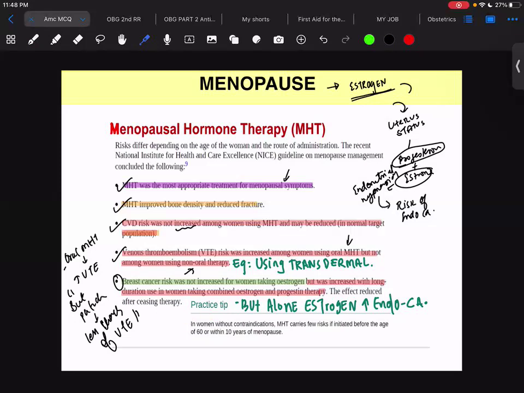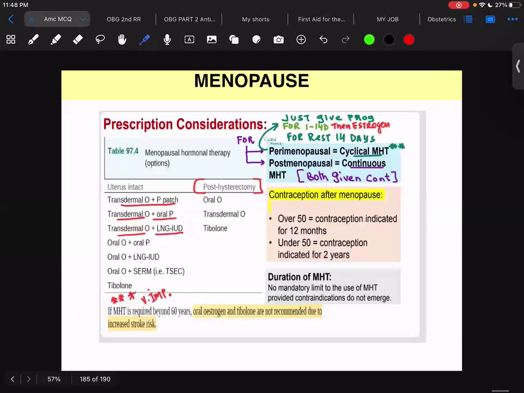In women without contraindications, MHT carries few risks if initiated before the age of 60 or within 10 years of menopause. So, prescription consideration: for perimenopausal women, like the one in this very case, we can go for cyclical menopausal hormonal therapy.